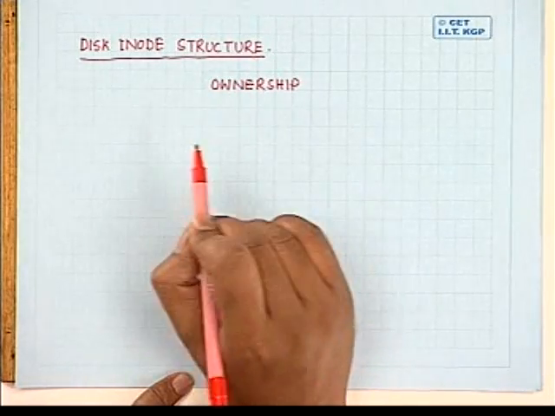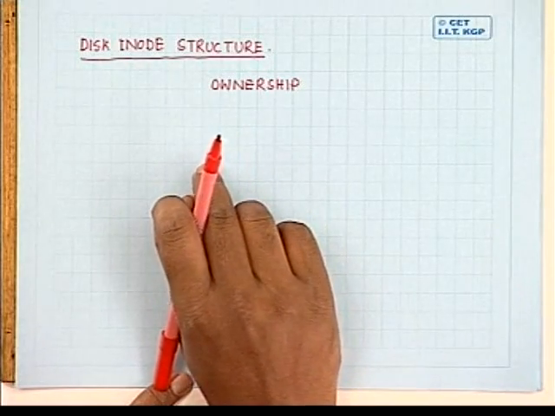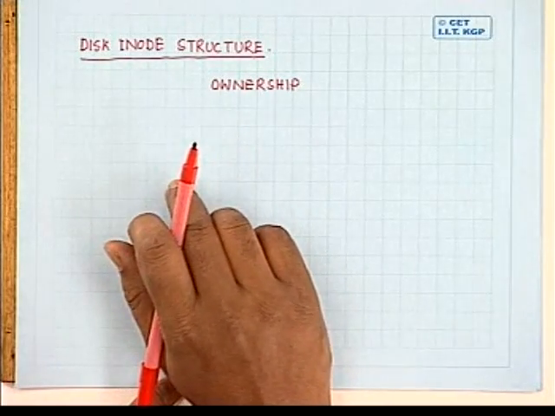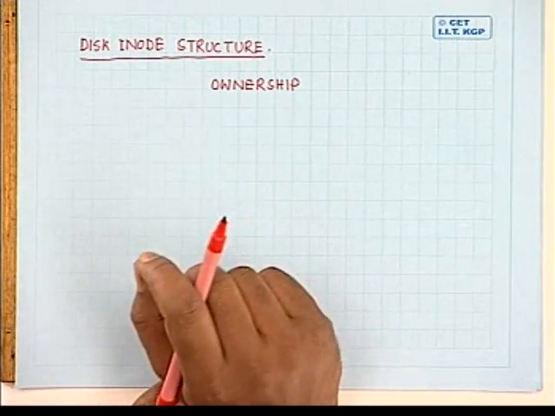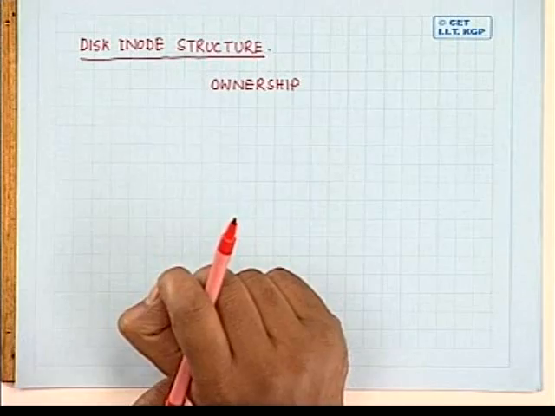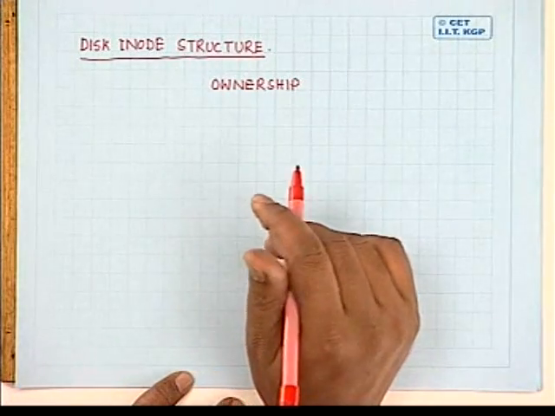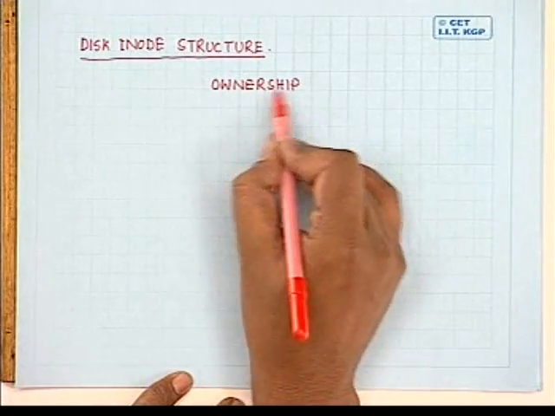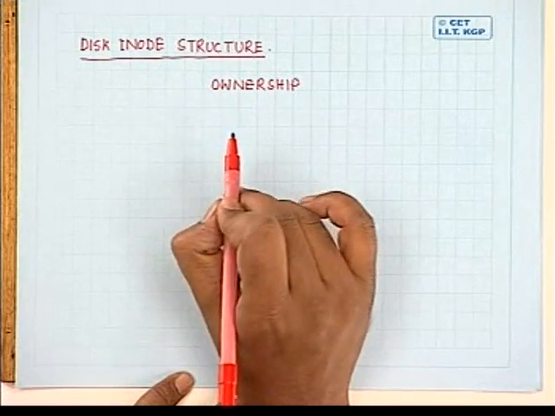Okay. Then in the case of a Unix operating system in particular, we have two types of ownership. One is individual ownership, the other one is group ownership. Because you might know that whenever an account is created, a user is attached to a particular group. So we have individual ownership, and along with that, we also have group ownership. The first ownership field is the individual ownership, that is, who is the owner of the file.